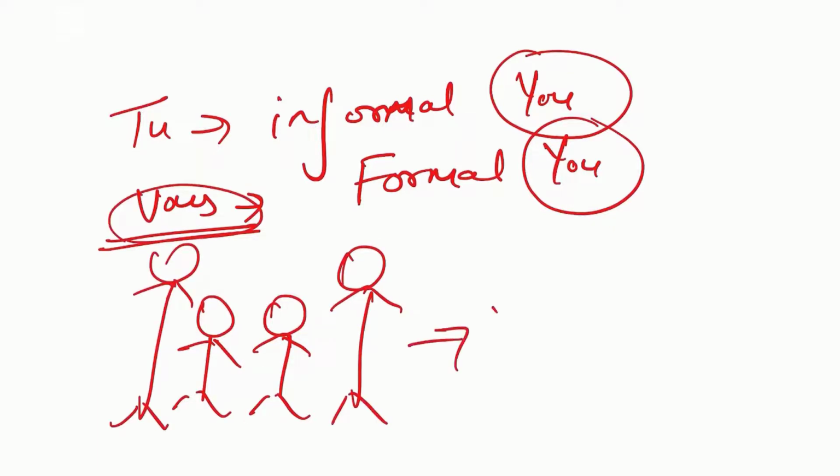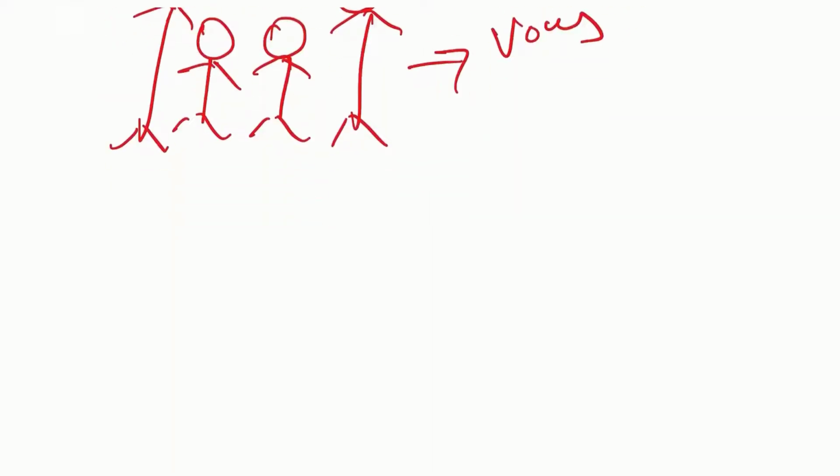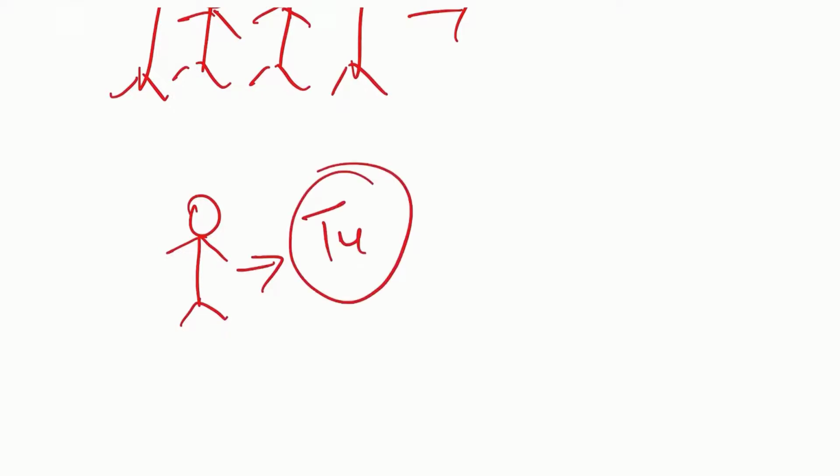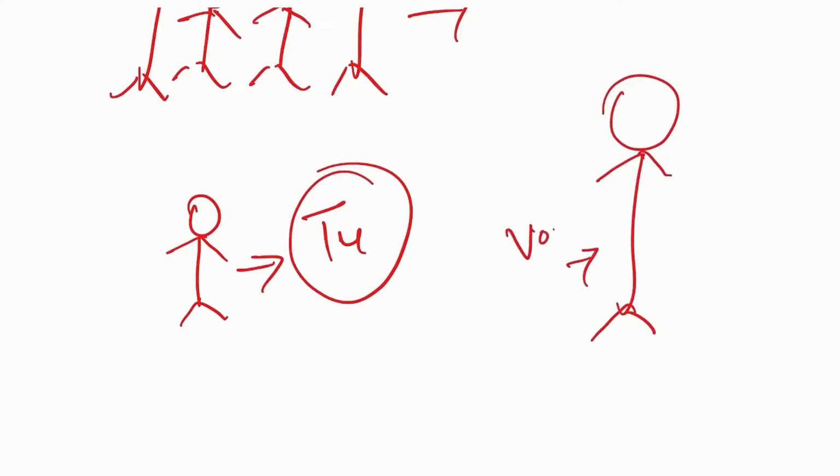But if I want to address my friend in an informal way, then I will use tu. But if I want to address any elder person, then I will use vous. Okay. So this is the difference between tu and vous.